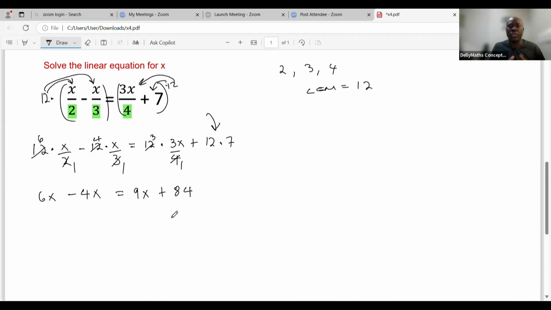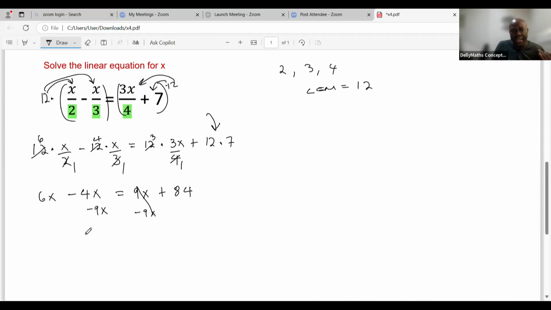Now, I want to collect all my x's on one side. In collecting all my x's on one side, I could subtract 9x from both sides. On the right side, a positive and a negative 9x will be gone.